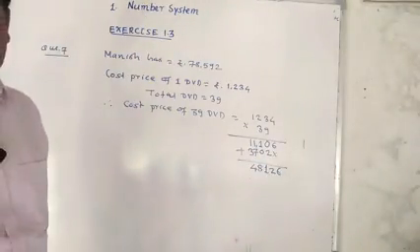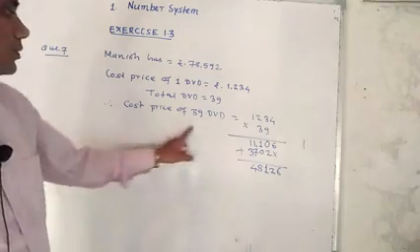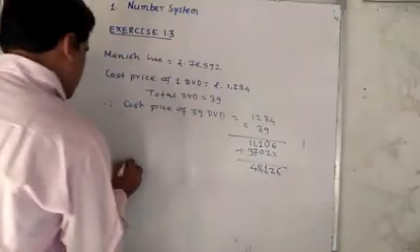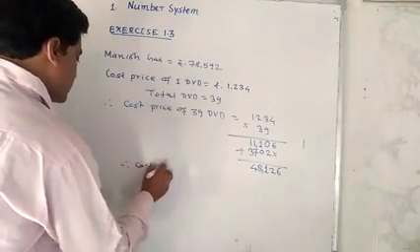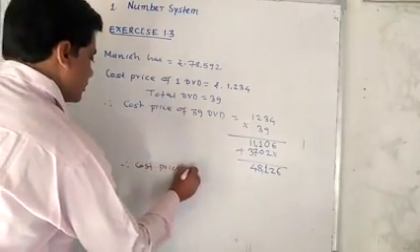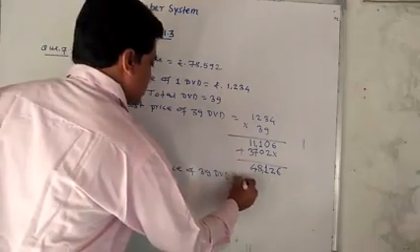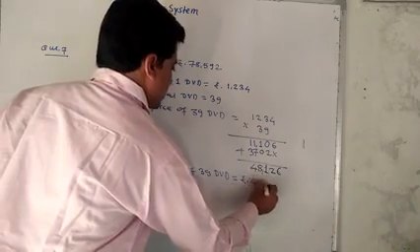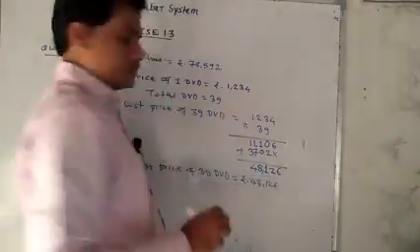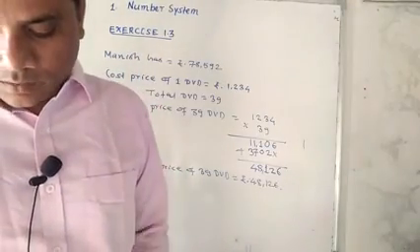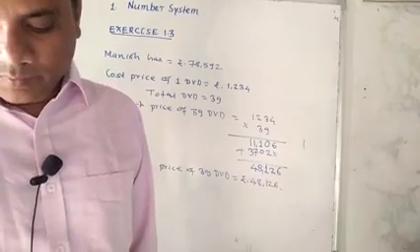Therefore, the cost price of 39 DVDs equal to rupees 48,126. Again we have to find how much money will remain with him after the purchase.